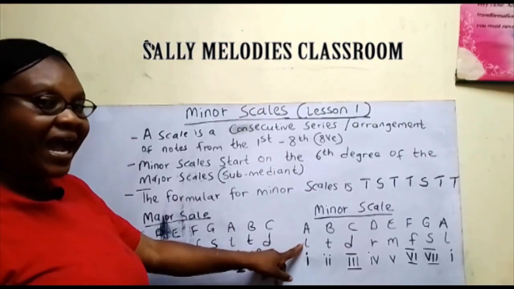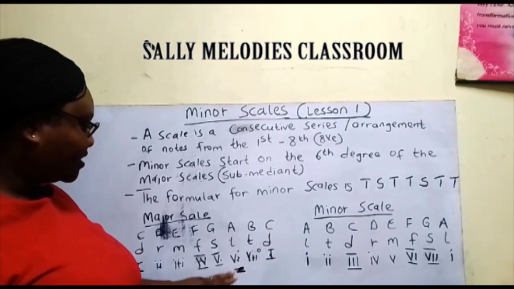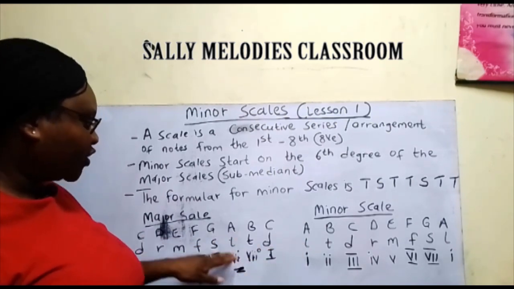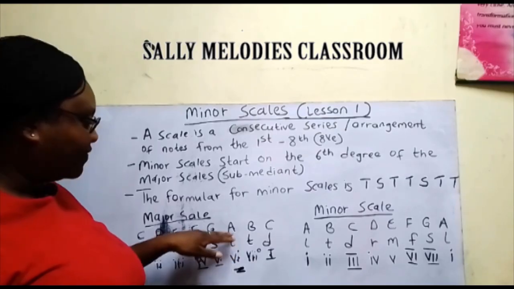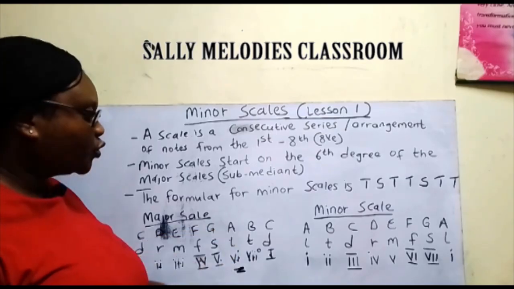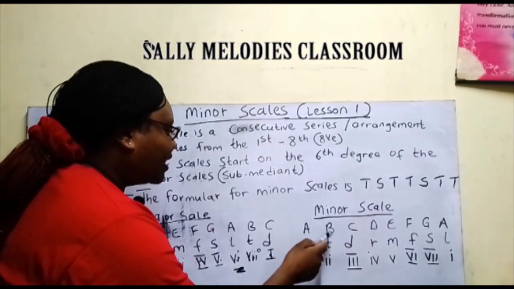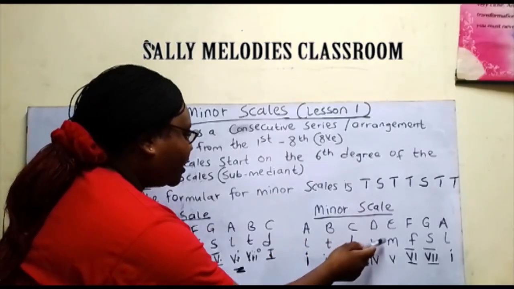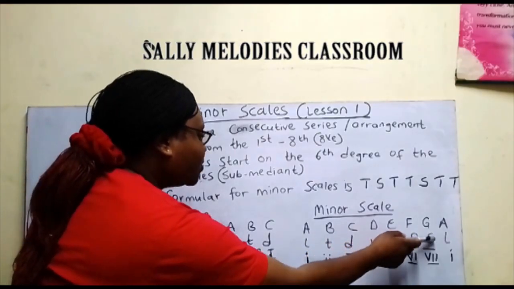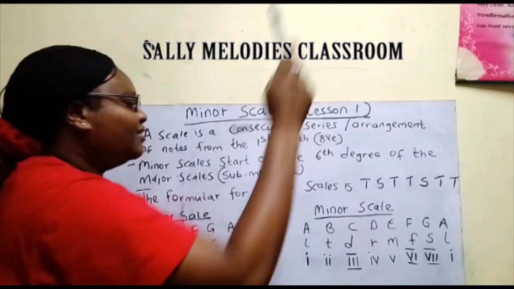You are going to start from La, because the sixth degree here, the solfa is La, and the letter name is A. So you sing La, ti, do, re, mi, fa, sol, la.